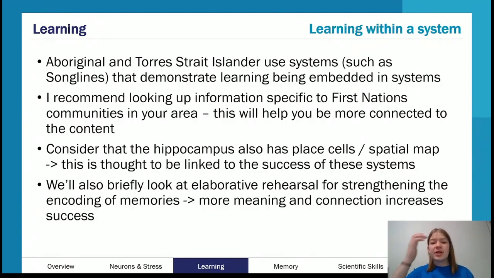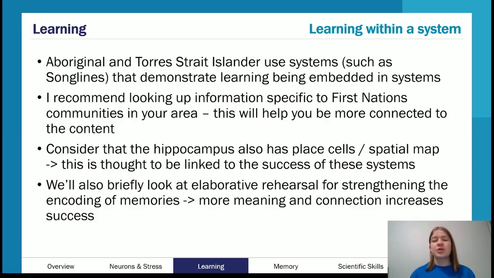So for learning within a system, one of the examples that we really look at, particularly with memory, is songlines. And I would encourage you to forge links here with other areas of the study design as well. A lot of this is looking at the idea of patterned on country.